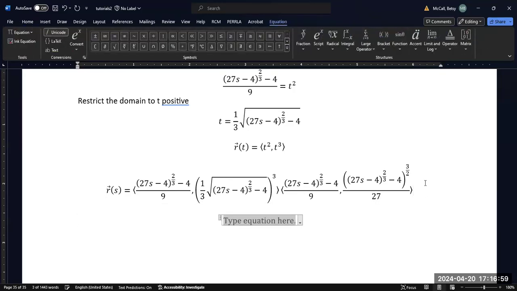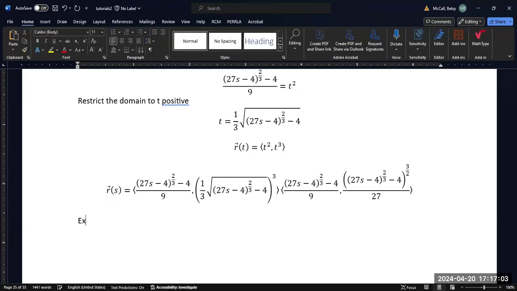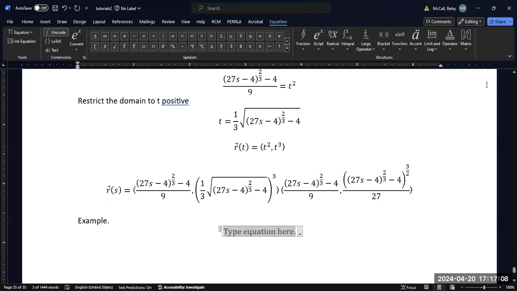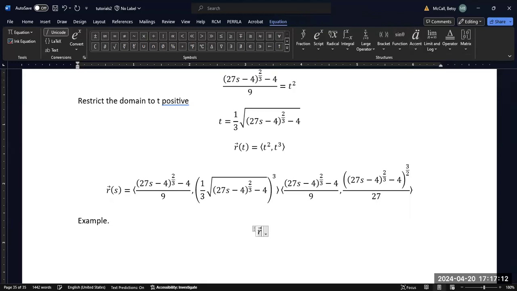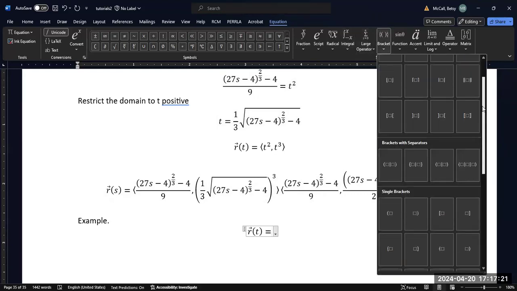Now, that is not to say that we can always do it. So let's look at one last example where we're really just not going to be able to come up with a nice closed form expression for our parameter, and we're just not going to be able to make the conversion.